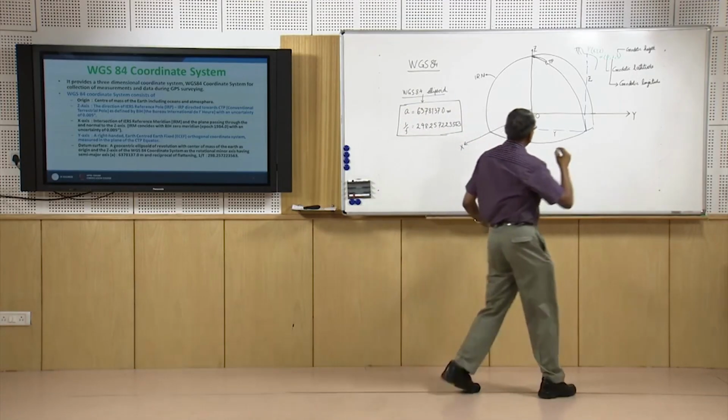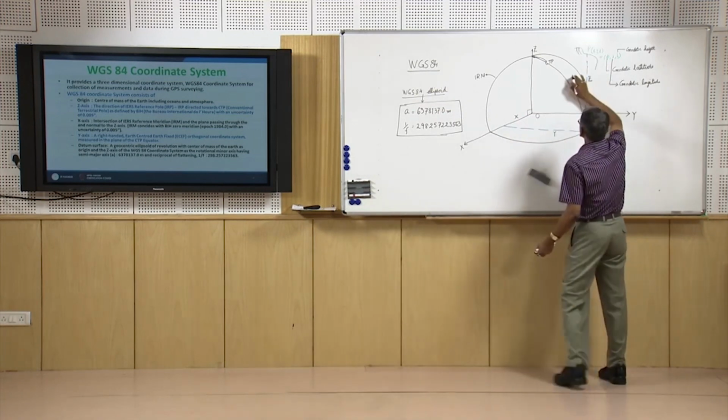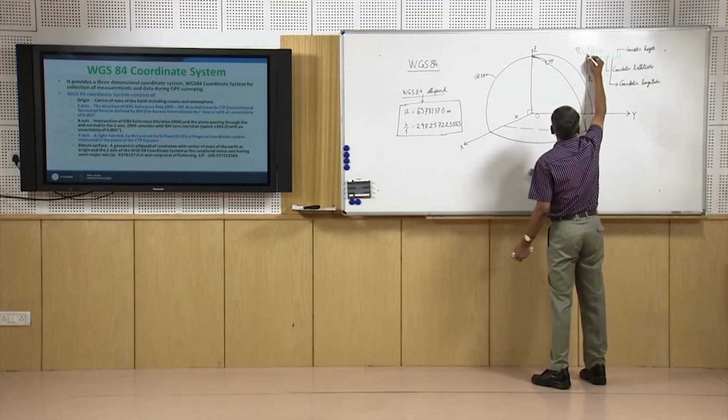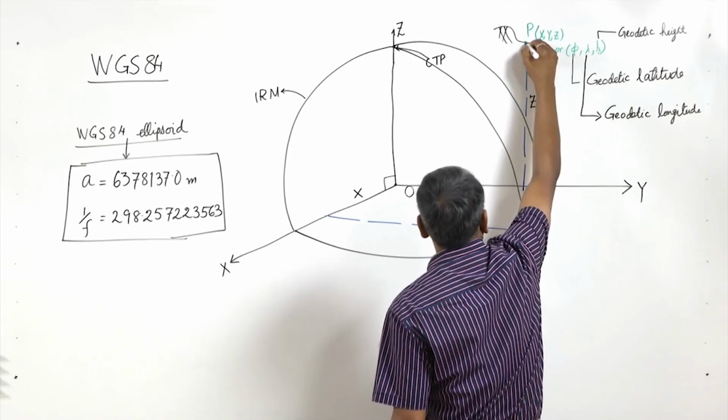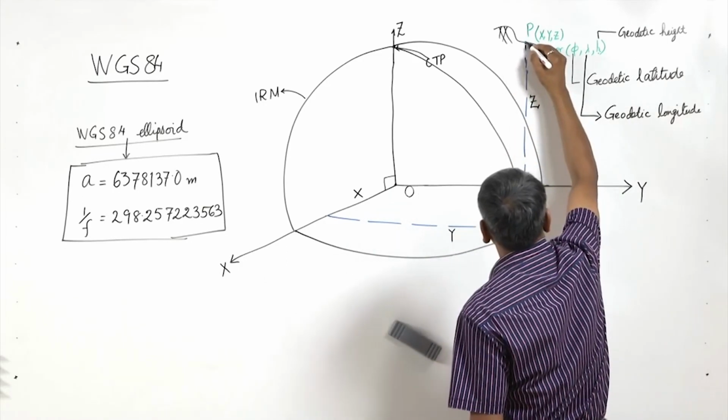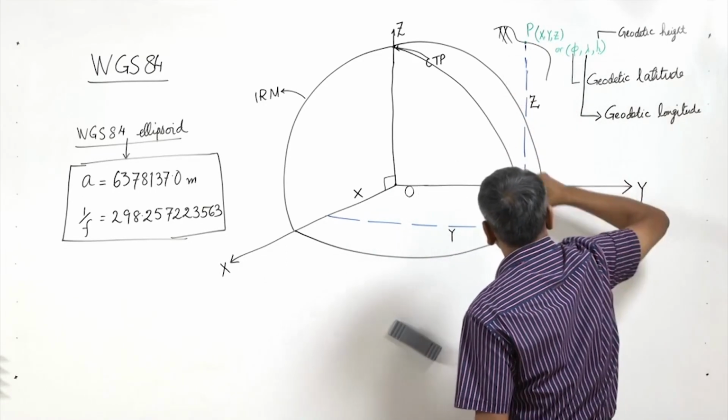We take the ellipsoid, on which we take a normal.